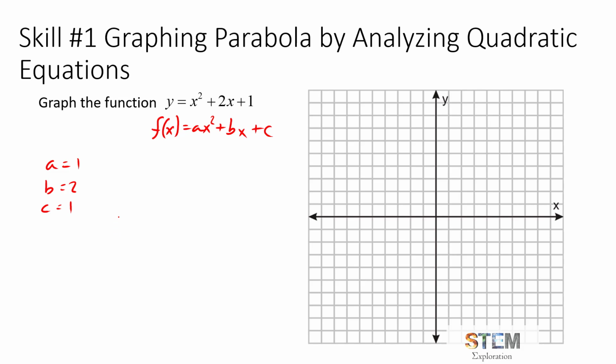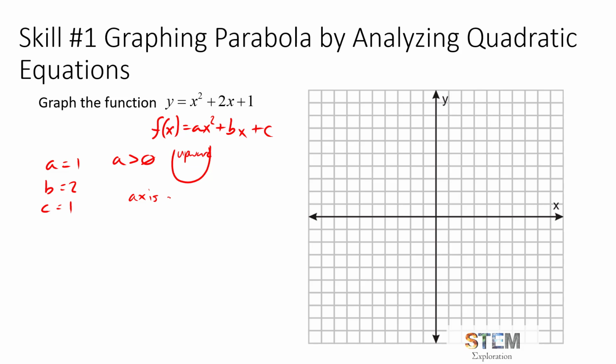Now, since we know now that a is greater than 0, we understand that the parabola should be upward opening. And if we know that's upward opening, that gives us a piece of information. But since we have a b term now, we have to take into consideration what the axis of symmetry is.